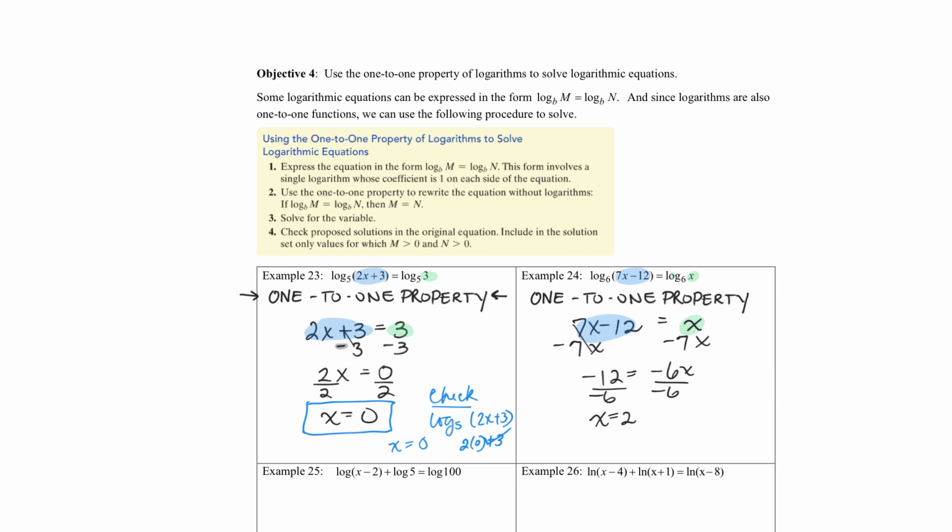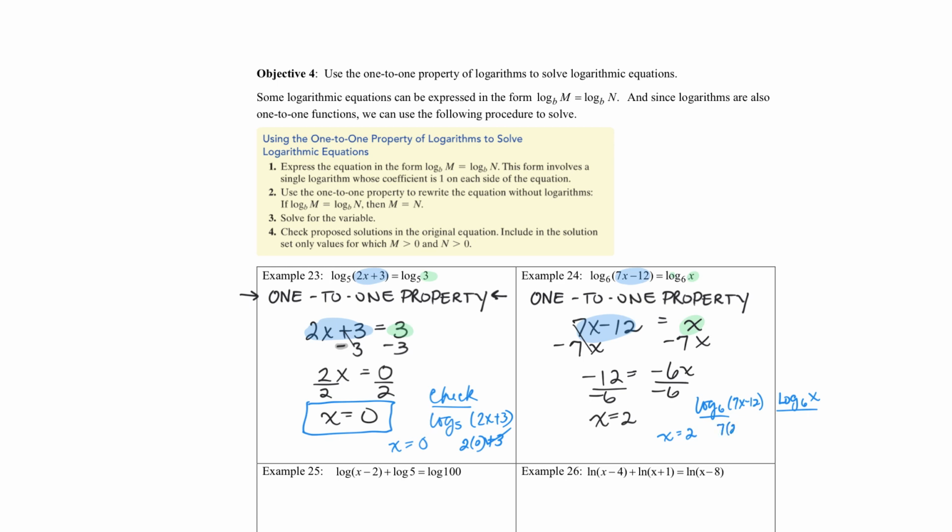Now I need to check that in both of my original logarithms, right? So log base 6 of 7x minus 12 and log base 6 of x. My proposed solution is x equals 2. So again, I'm looking at the argument and checking to see, does it stay positive?